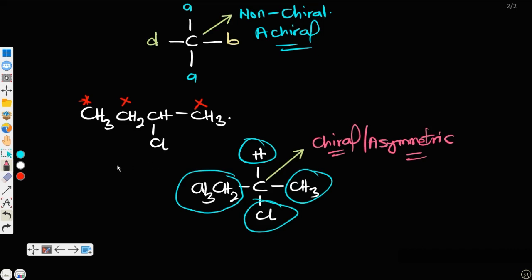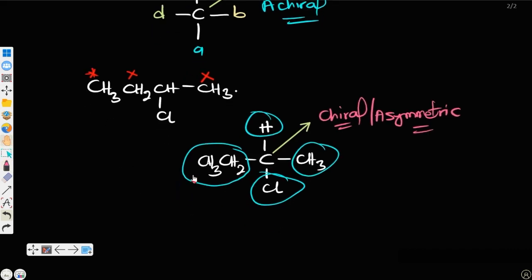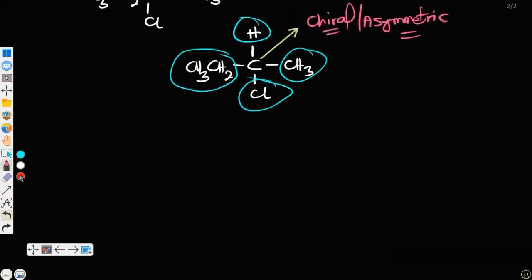Now we are going to be very fast so that we'll be able to cover a lot today. How about if you have CH3, CH2, OH? Does this have a chiral carbon? This carbon here is never chiral, because it has 3 hydrogens attached.